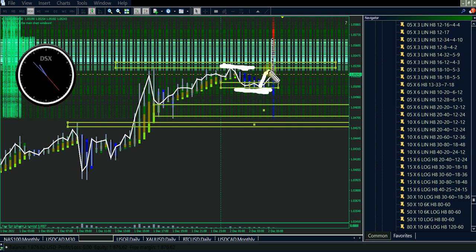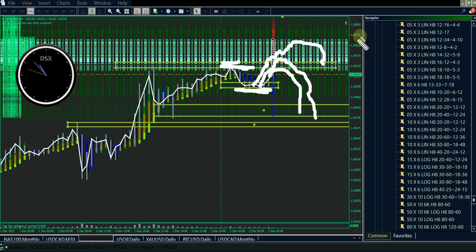So either we're going to drift up to here, stall out, and then go down. Or we're going to weasel up here, take this out, come back to here. A couple scenarios. I prefer it to never take out this high, stall out, and then it's down.